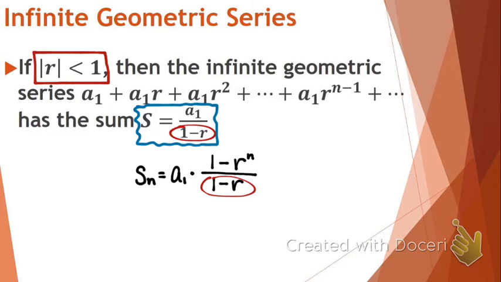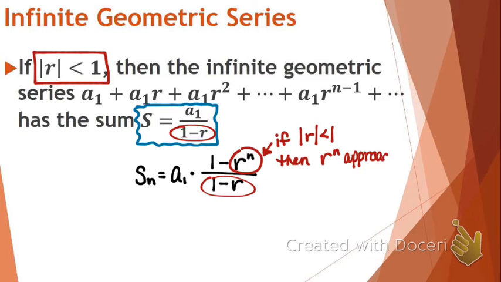That means that this right here, if the absolute value of r is less than 1, then r to the n approaches, do you guys remember when we talked about limits? This approaches 0.